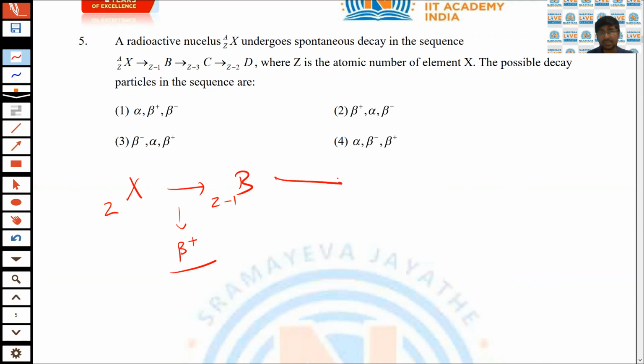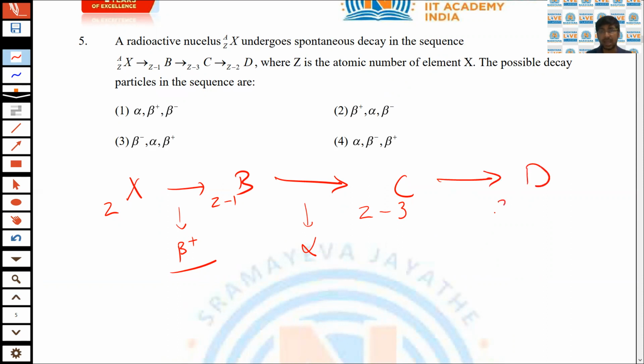Now let's take B to C, which basically means the atomic number is decreased by 2. Sorry, this is Z-3. All right, so decrease by 2 means production of the alpha particle, which makes the mass number decrease by 4 and the atomic number decrease by 2, thereby releasing a helium nuclei from the atom. So the second particle emitted is an alpha particle.